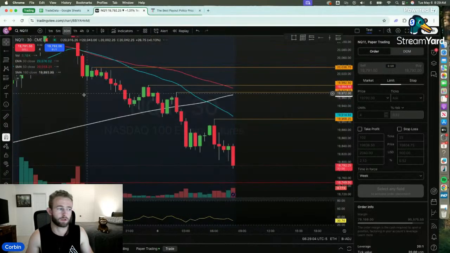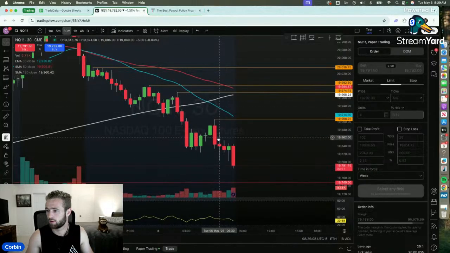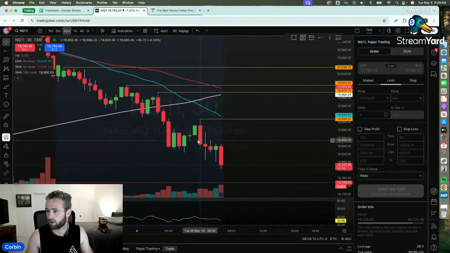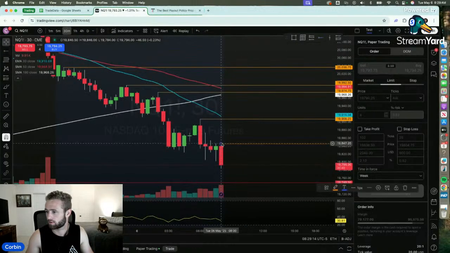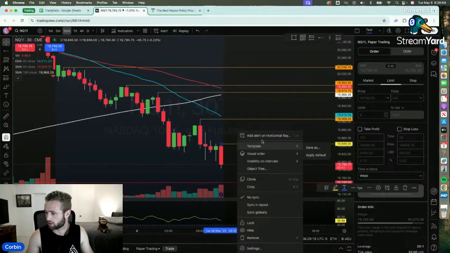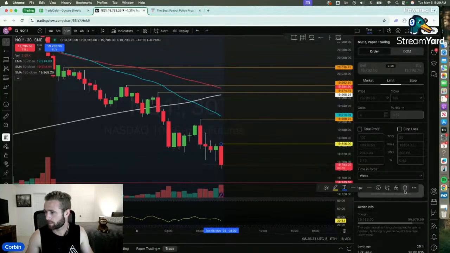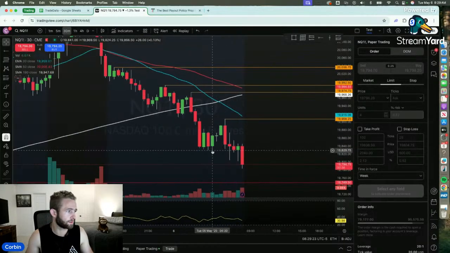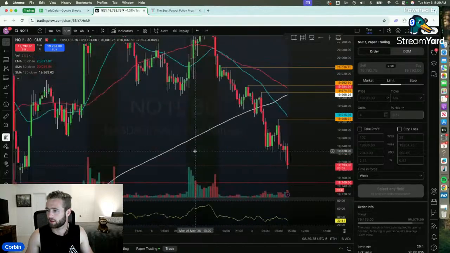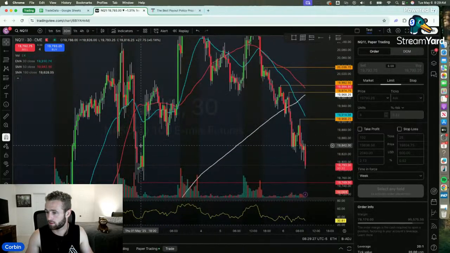Now we'll move down to the 30-minute chart. First, let's change the color of this to yellow. Yellow is going to be our 30-minute draw on liquidity. What do we have here?